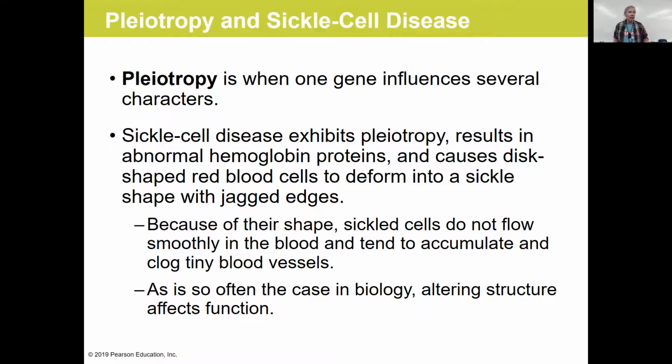It's much more common among Africans and African Americans than among Caucasians, for a reason I'll talk about in a moment. So it causes abnormal hemoglobin proteins. It also exhibits incomplete dominance, and that is if you have two small letters, you have severe sickle cell disease, and you're probably going to die as a very young child.